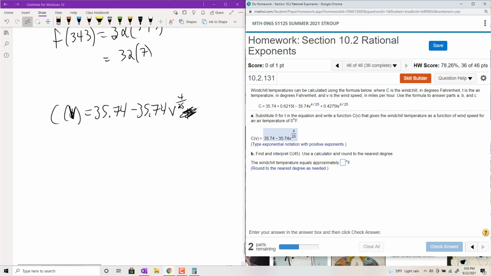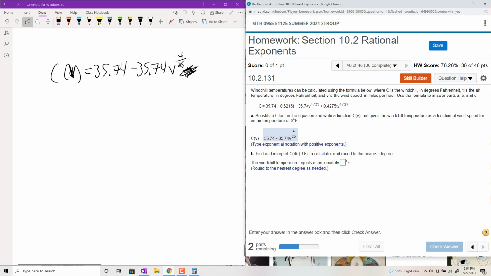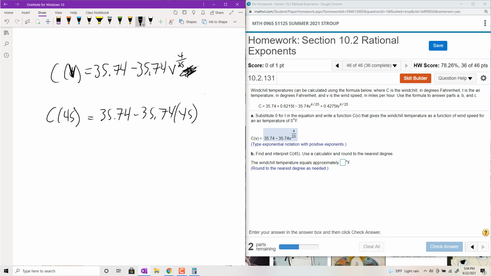Find and interpret c of 45. So I presume you're using the c of v equation. C of 45 would be 35.74 minus 35.74 times 45 to the 4/25.